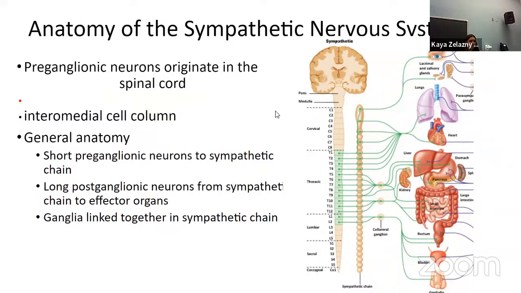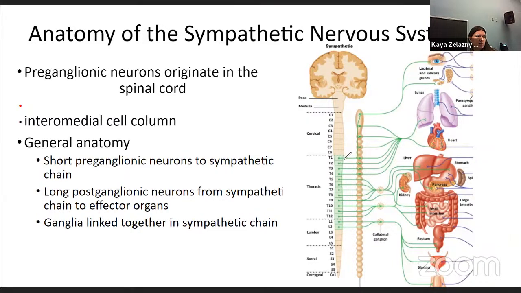Okay. So our preganglionic neurons are originating in the thoracolumbar section of the spinal cord, so in the thorax and the lumbar region. Specifically, they're coming from a region inside of the spinal cord called the intermediolateral cell column. The most typical route for a sympathetic nerve is to have a short preganglionic neuron going to this structure called the sympathetic chain.